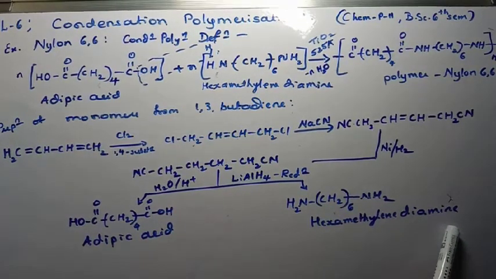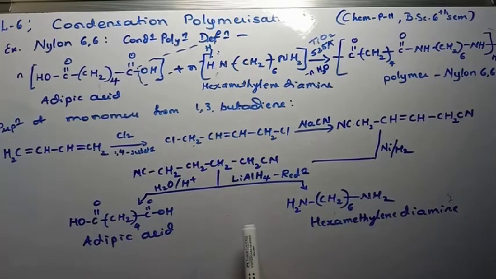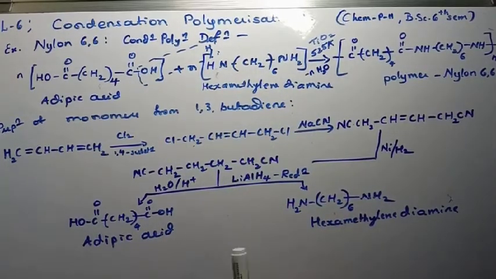Now the properties of the polymer, nylon 6,6. It is quite tough. It has high toughness, high strength, and also very good elasticity, and it is a non-conductor of electricity.